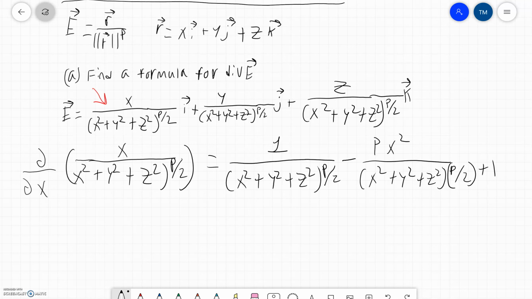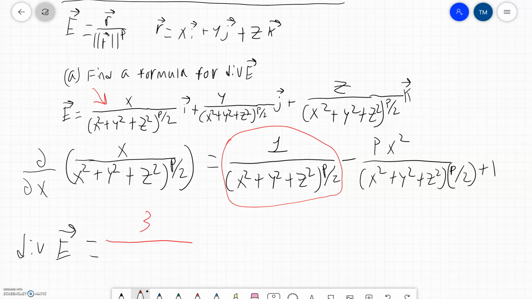So here, once I go to take the divergence of E, remember, if the partial of y and z is very comparable to x, then I'm going to have 3 of these, which will get me 3 over (x squared plus y squared plus z squared) to the p over 2.